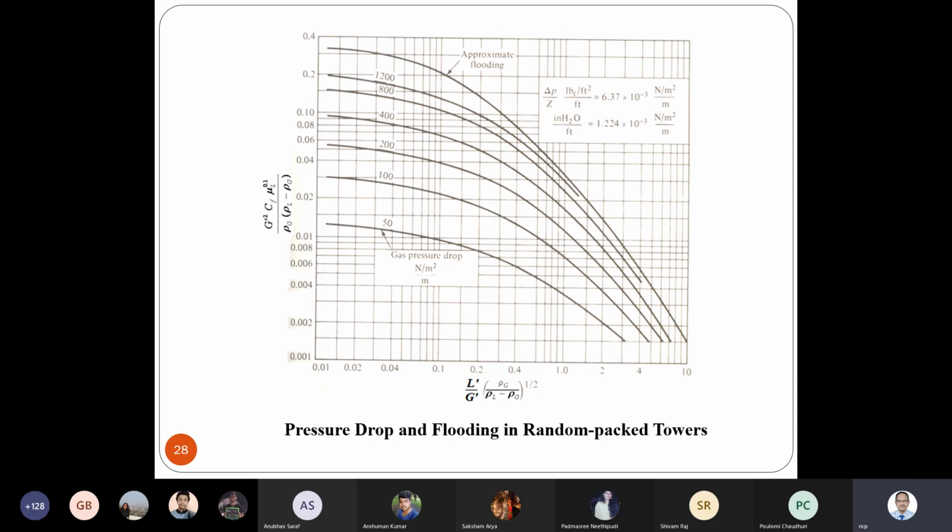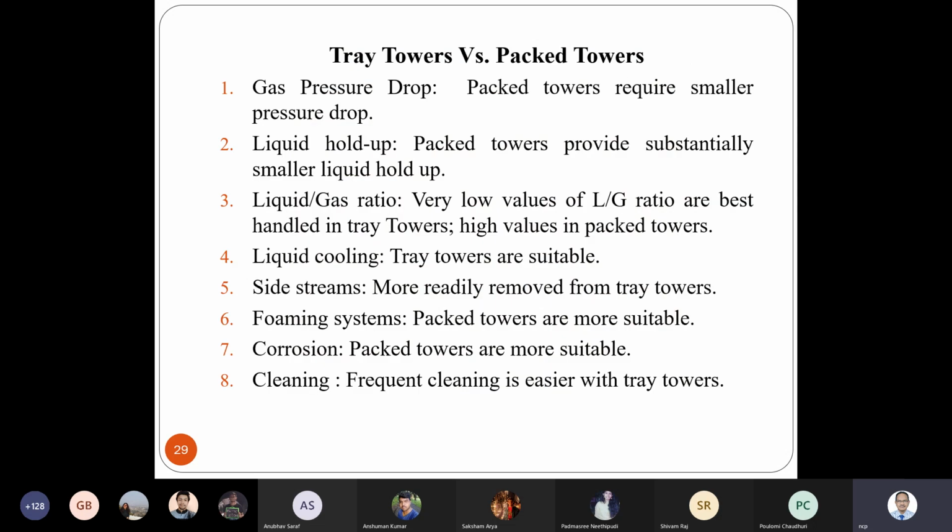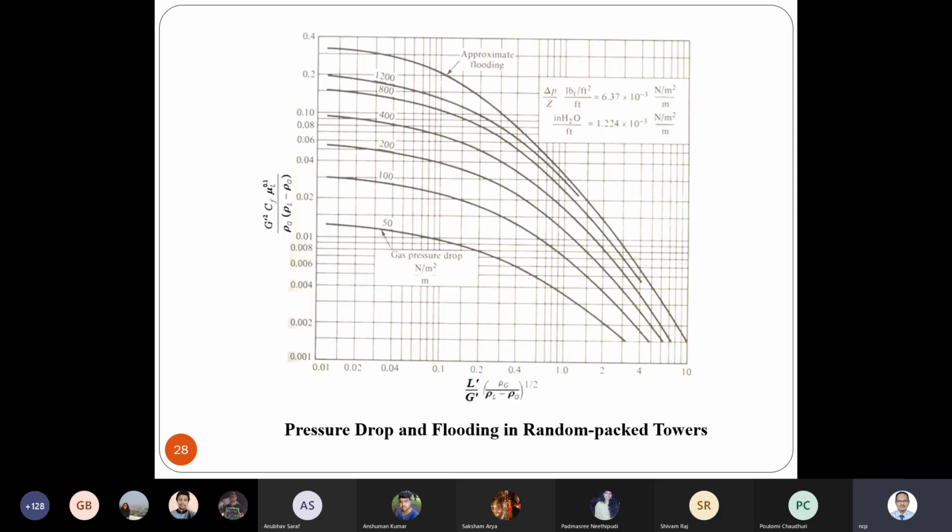Generally that is expressed as del Y m, the log mean driving force. So del y is the driving force, and del Y m is the log mean driving force. Then the transfer unit is defined as Y1 minus Y2 by del Y m.